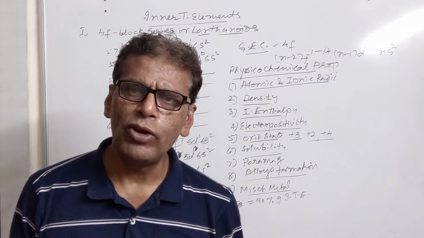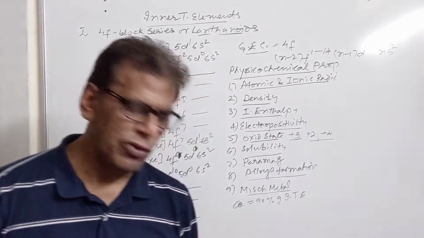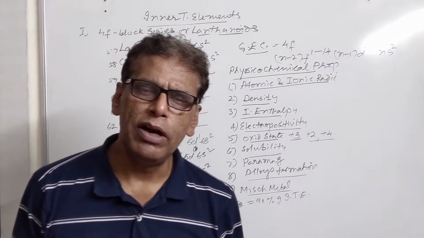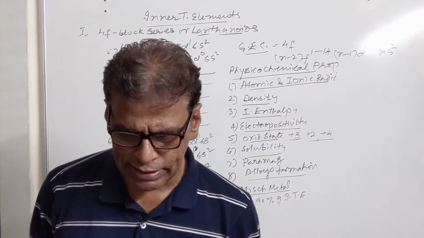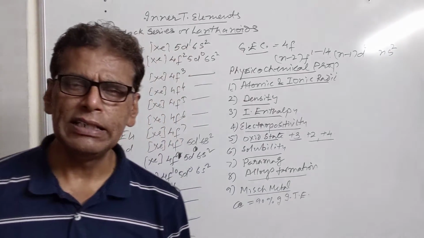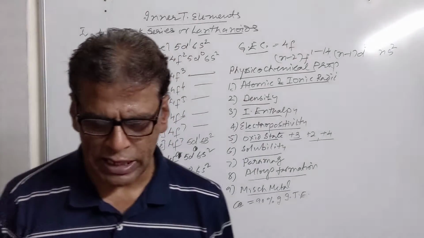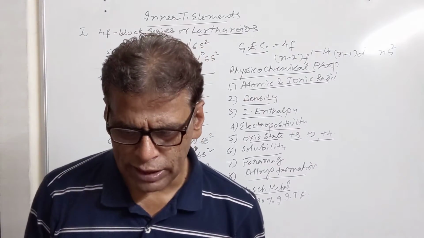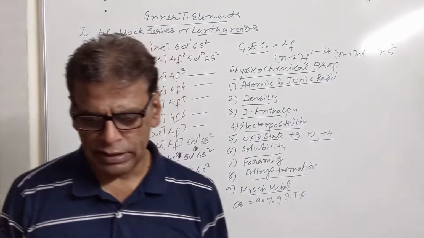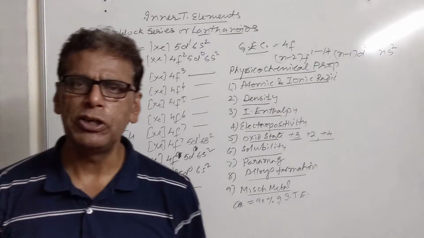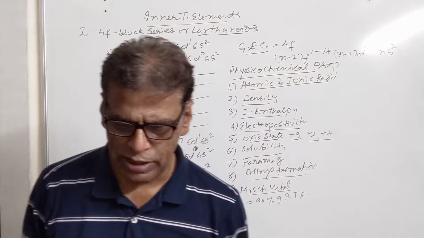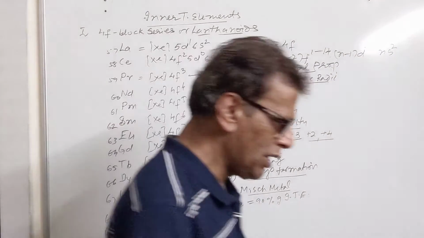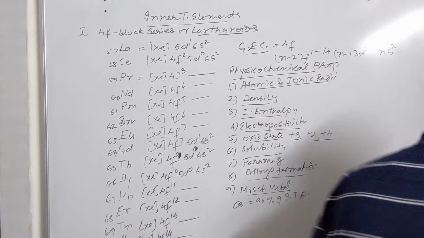Then we have the pyrophoric alloy. It is the alloy which is used in making the body of gas lighters. Pyrophoric alloy contains cerium 40 to 45%, iron 4 to 5%, and the remainder being calcium, silicon, carbon, and 0.5% aluminium. Then we come to the chemical properties of lanthanoids.